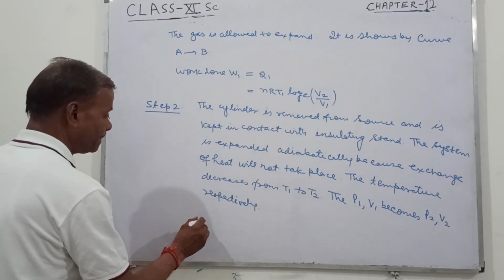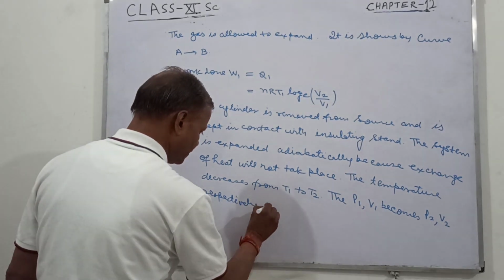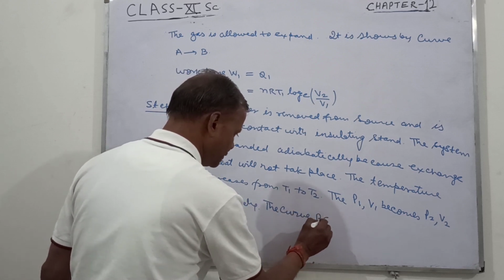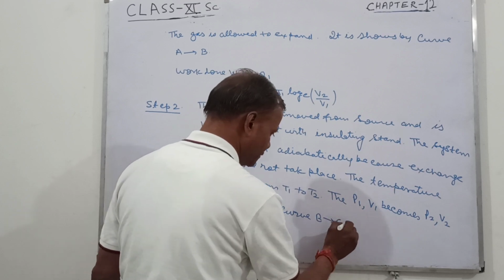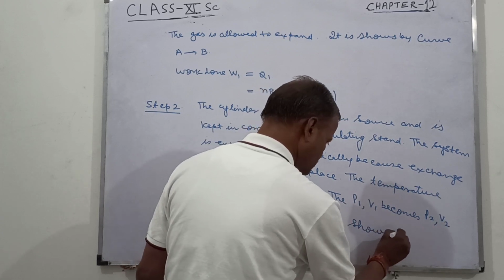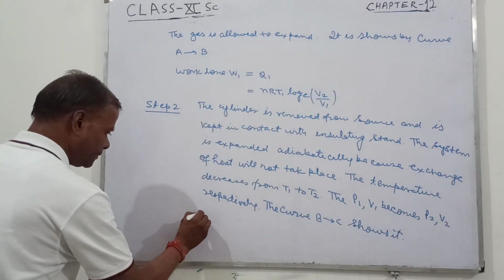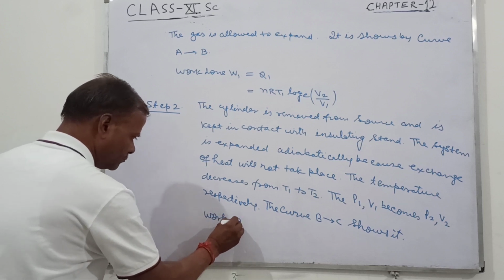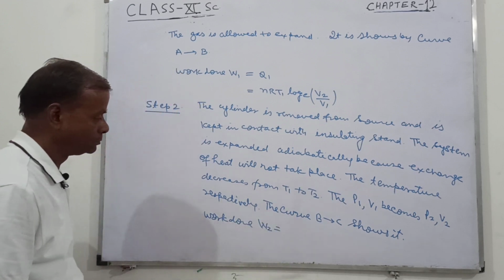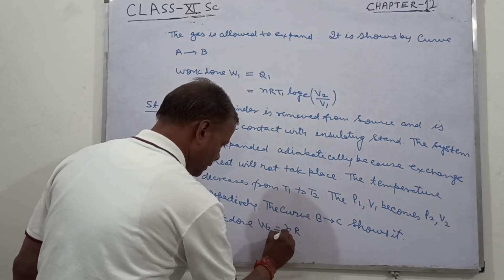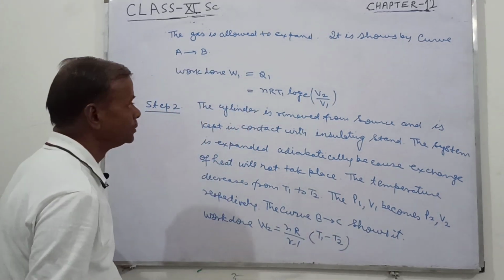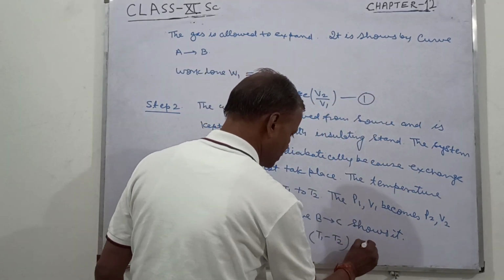So work done, the curve B to C shows it. So work done will be W2 equal to nR upon gamma minus 1 into T1 minus T2. This is now equation number 1, this is now equation number 2.